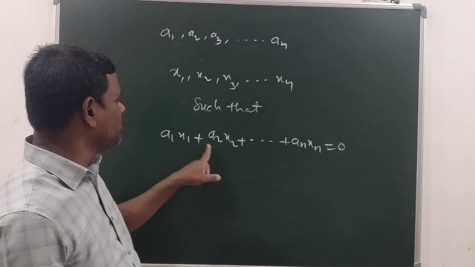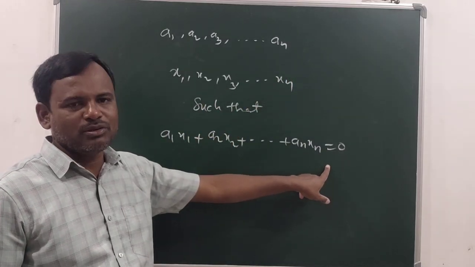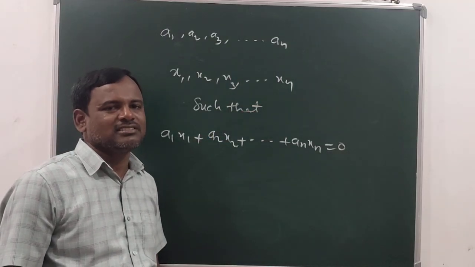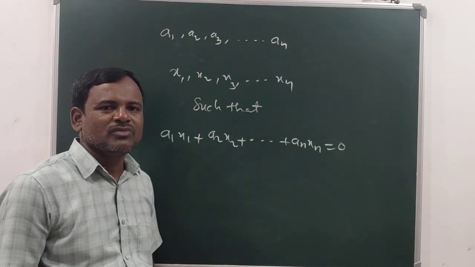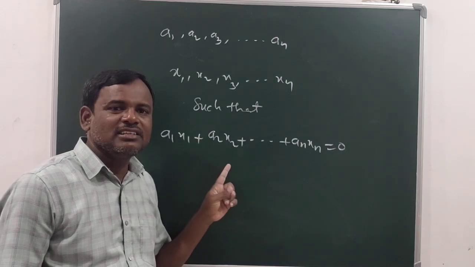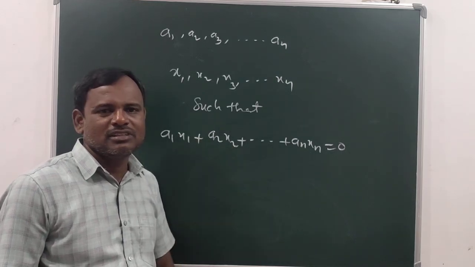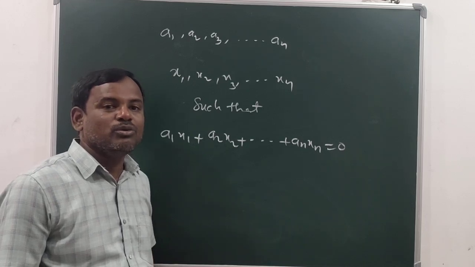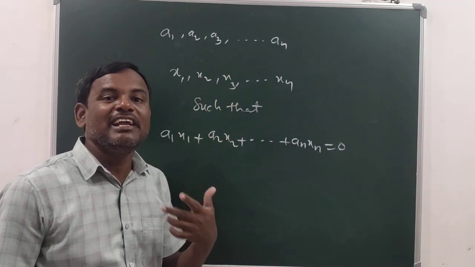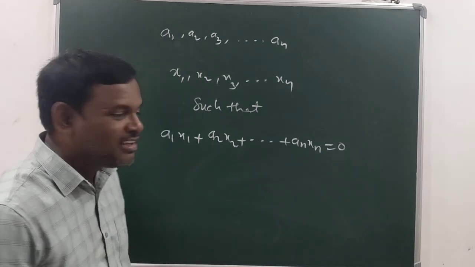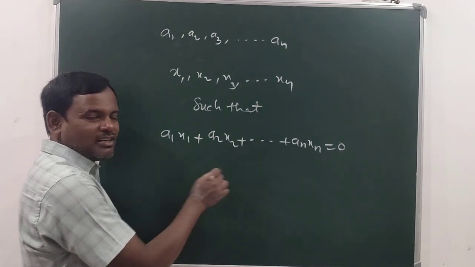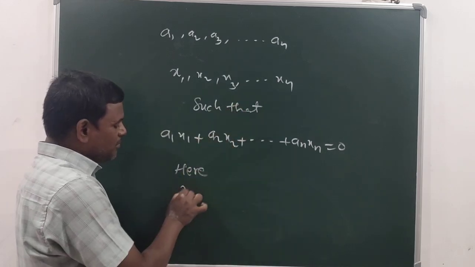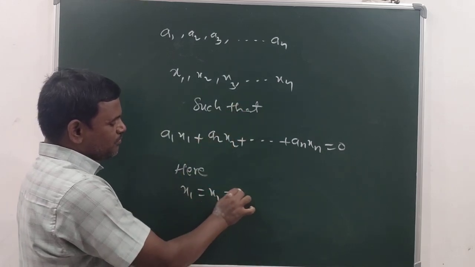Whenever a1 x1 plus a2 x2 and so on plus an xn equals 0, where x1, x2, x3 and so on up to xn are scalars, and the condition for the scalars is that at least one of the scalars must not be equal to 0. And when you have to say these vectors are linearly independent, the same condition holds, but here all of the scalars should be equal to 0.